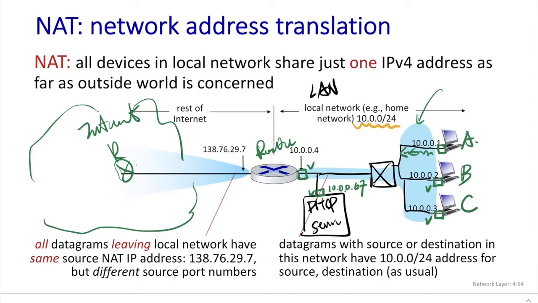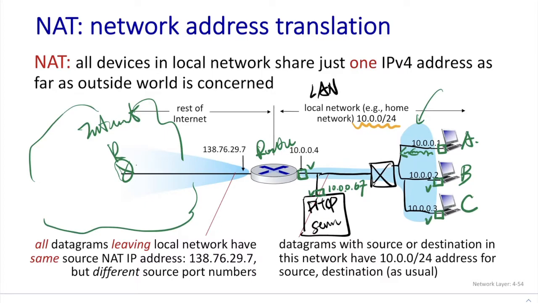So an IP datagram with a private IP address cannot be forwarded or routed in the internet. You can only use private IP addresses in your local area network. That is the rule. Routers will not route a packet with a private IP address.